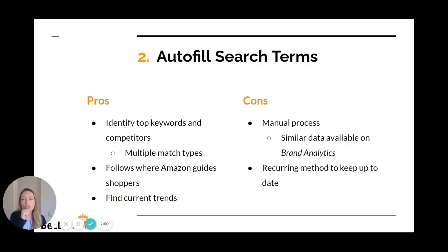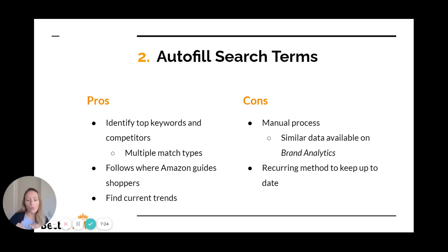So with the autofill search terms, the top pro is that you directly identify top keywords and top competitors. And you want to play around with multiple match types, broad, phrase, and exact, so you can really take advantage of all the fantastic data that you can get from autofill search terms. The other pro is that you really follow where Amazon is guiding the shopper.